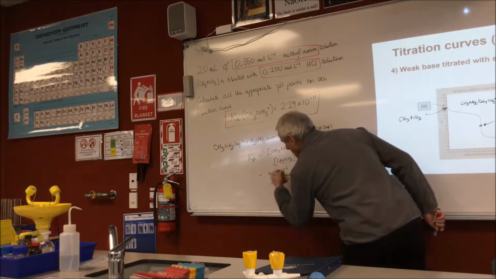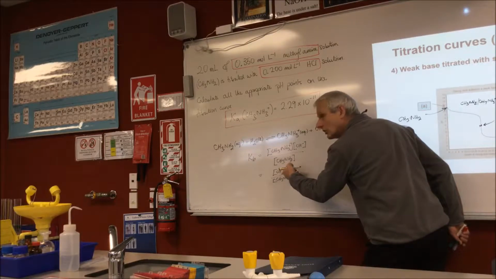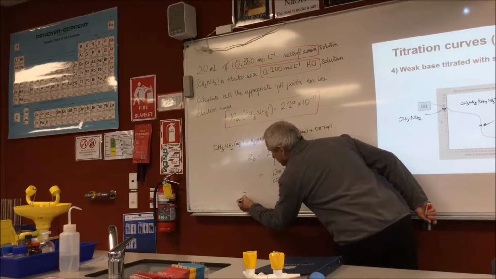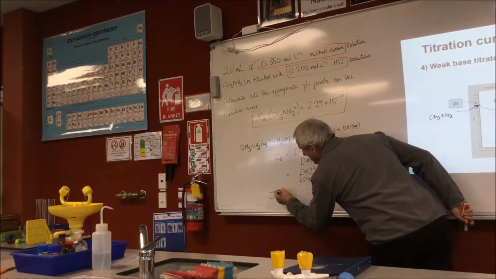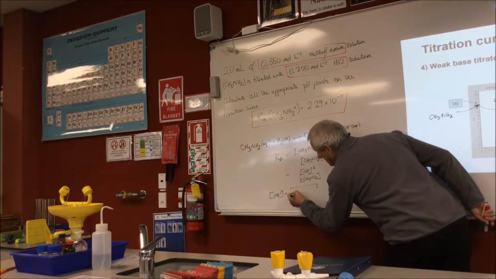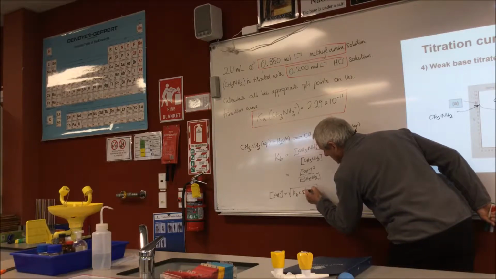Okay, so what we want is OH- as the subject of our equation because that's the thing that's going to give us the pH indirectly. So [OH-] is equal to the square root of Kb times the concentration of CH3NH2.